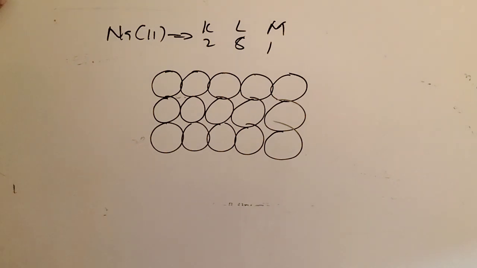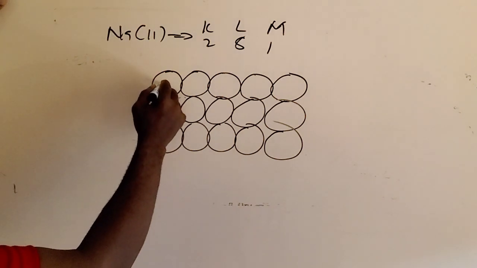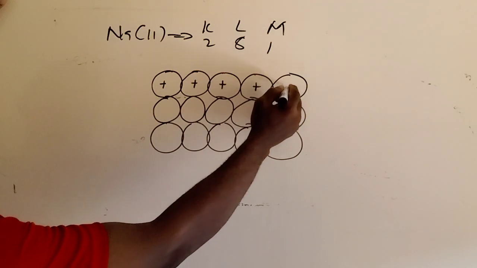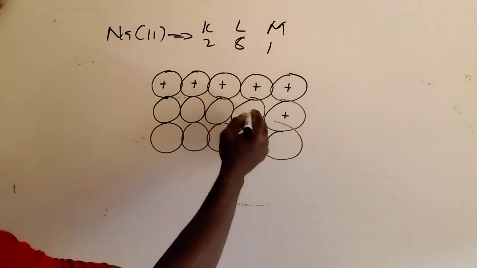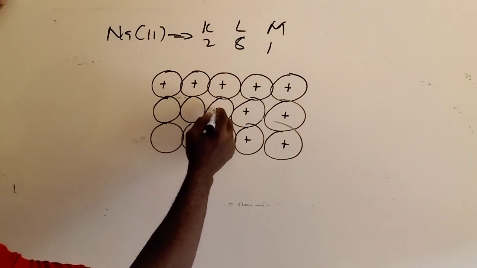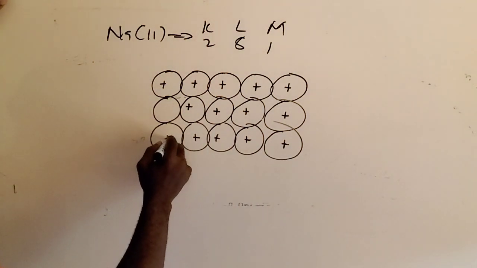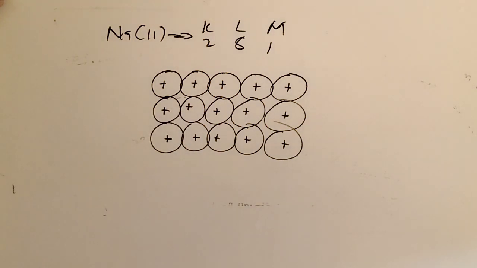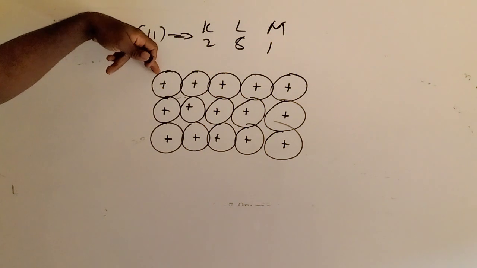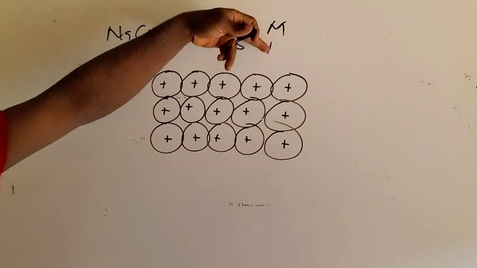Now, at the center of each atom is the proton and neutron, but what we represent is the proton, because the neutron has no charge. Proton, positive, positive, positive, and so on. So what I'm trying to say now, in metallic bond, each atom of sodium has one electron in its valence shell.